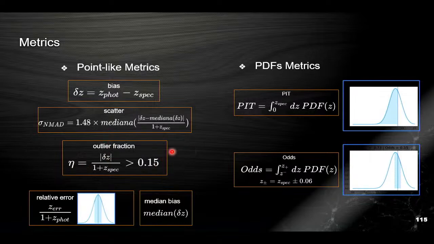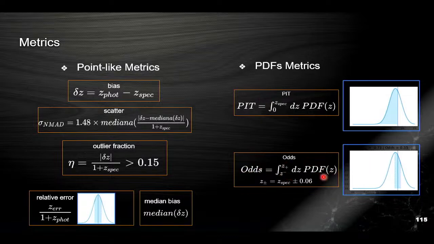Okay. This will give you a general assessment over the full sample. But you can also work with PDF metrics that can be specific for a single object, like this one, which is the odds.